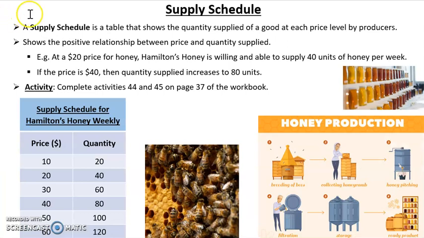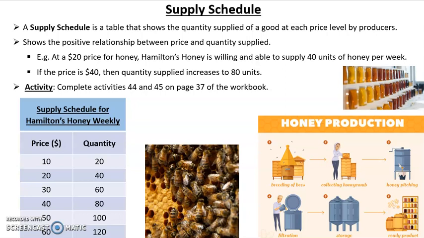So moving to our second slide here, all these slides are contained in the PowerPoint uploaded to Grammarnet entitled BEA PowerPoint 6 Supply 1. Similar to our demand topic, we have a supply schedule. The supply schedule is simply a table which shows the quantity supplied at different prices.